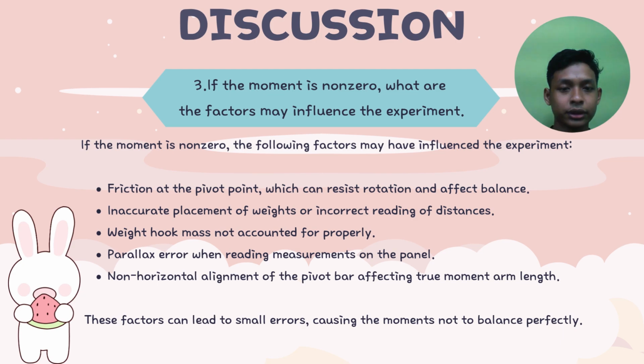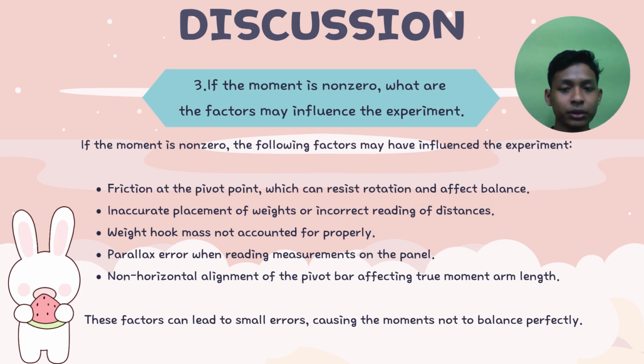The third question is: if the moment is non-zero, what factors may influence it? Many factors can influence it. The first is friction at the pivot point, which can resist rotation and affect balance. The second is inaccurate placement of weights or incorrect reading of distance.